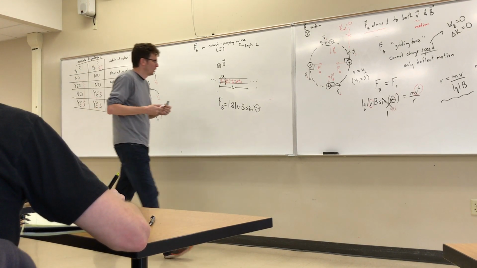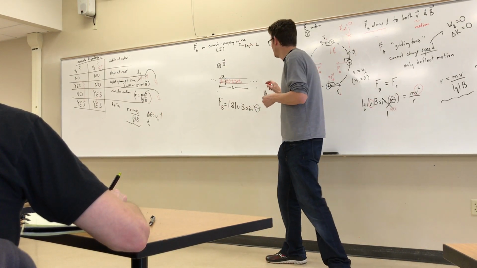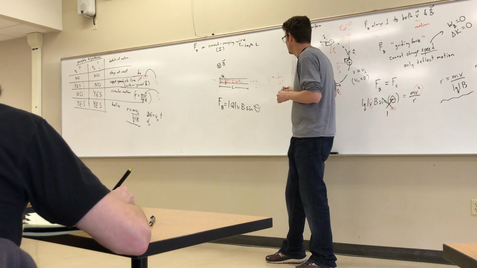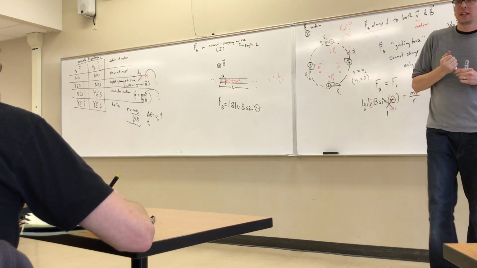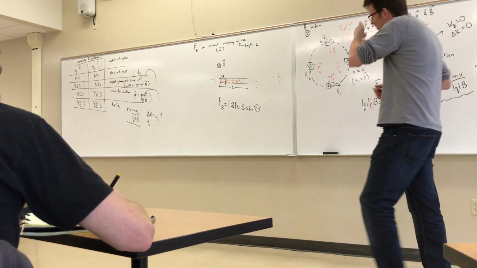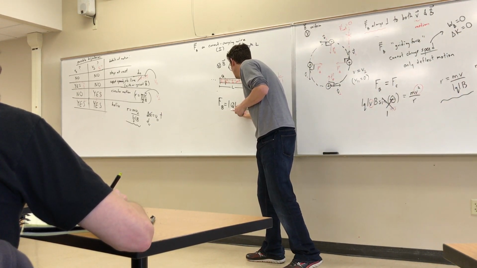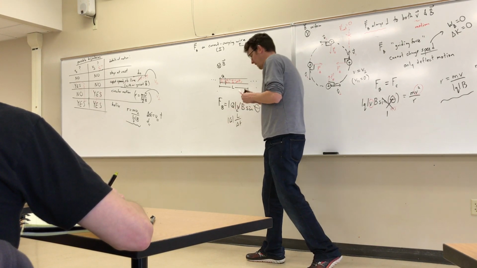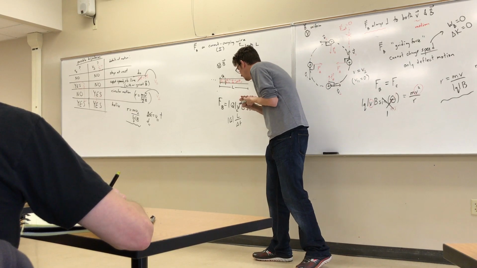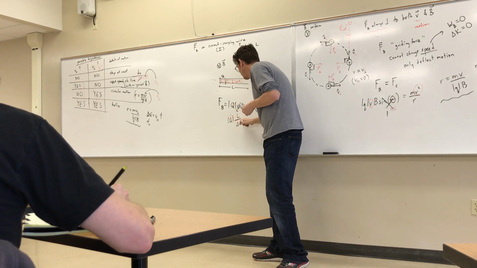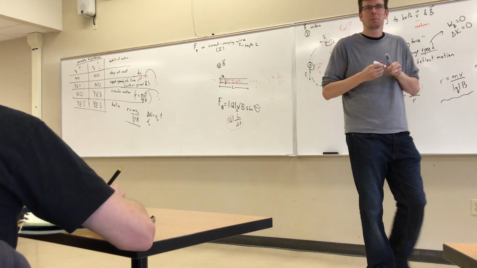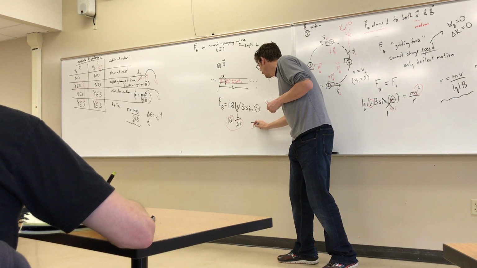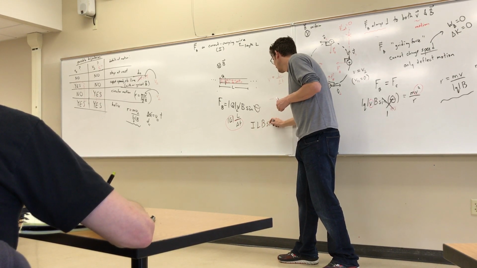And then the only thing I'm going to do is say that the speed at which that charge moves, well, it covers a length L in a time delta T. So this becomes L over delta T. And then all I do is I group the charge with the time instead, because charge per time is what? Current. ILB sine theta.